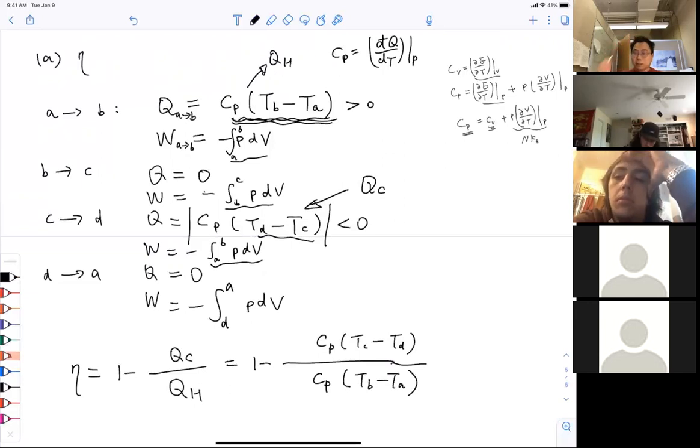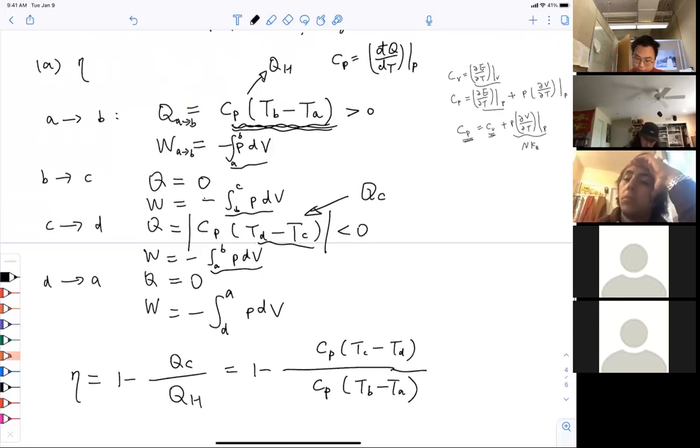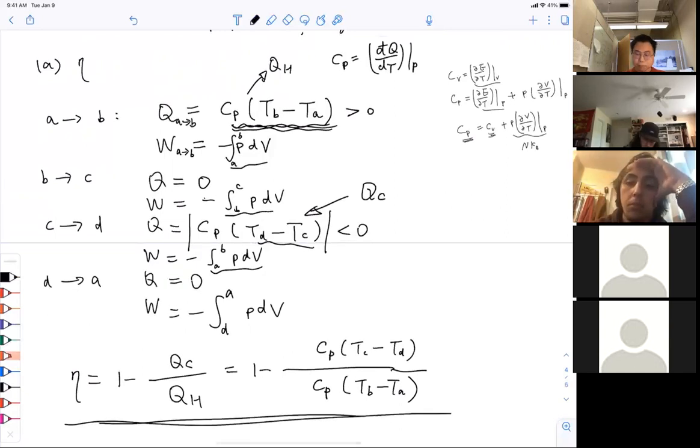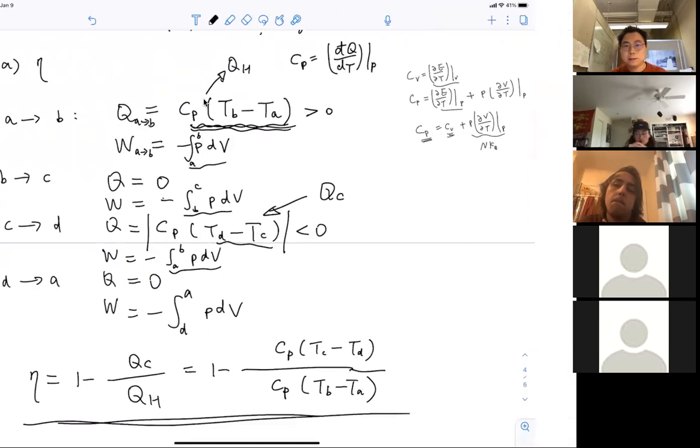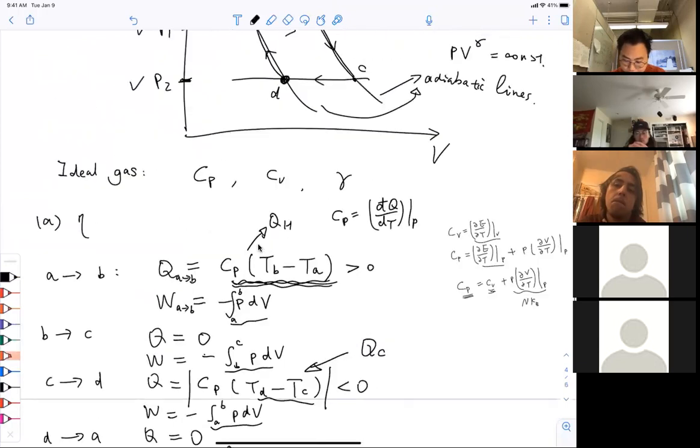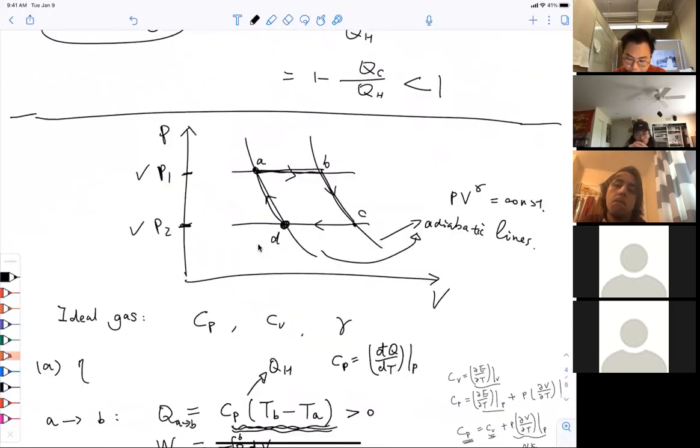Any question about this expression? Okay, so I guess it's very straightforward. Once you know the expression for the line, in principle you can work out everything.